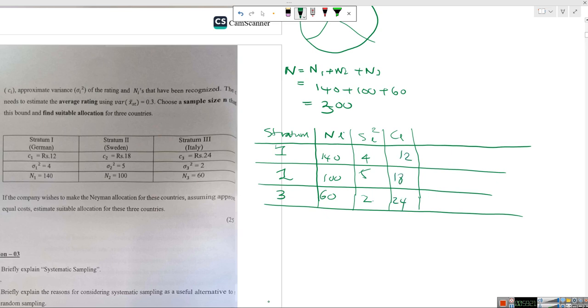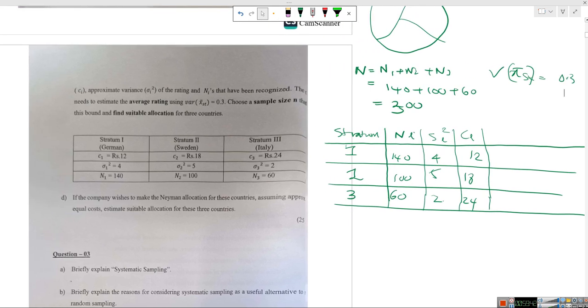Okay, now you see this. Now what is the question? x bar stratified is given. Variance of x bar stratified is given as 0.3. And we have to find out, if the company wishes to make Neyman allocation for these countries, assuming approximately equal cost, estimate a suitable allocation for these three countries.